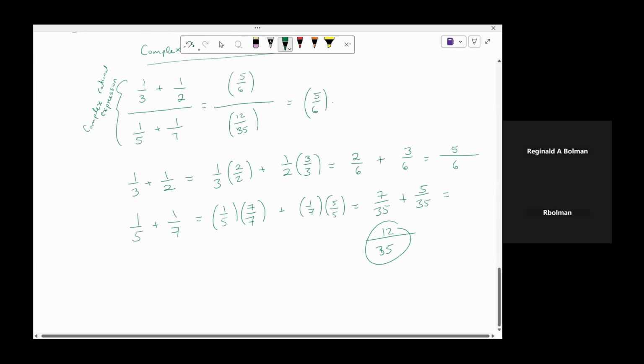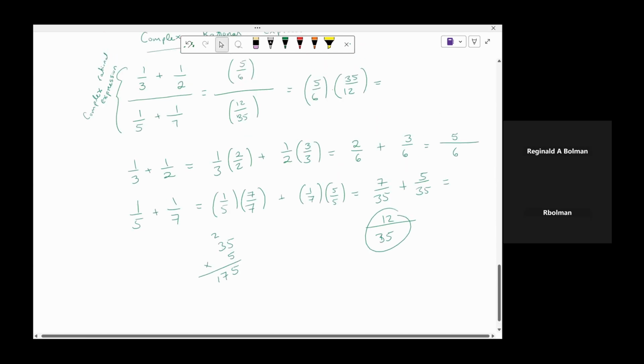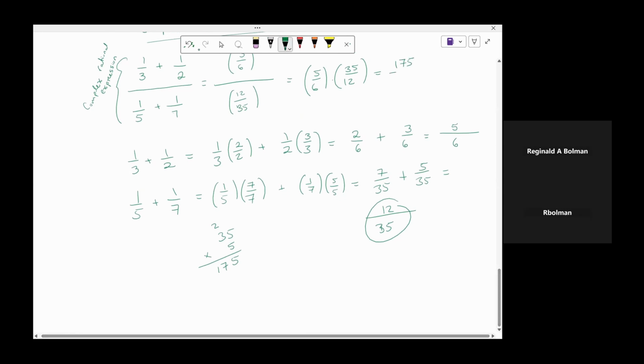And whenever you're dividing a fraction with a fraction, you just flip and multiply your fractions together. So you'd have 5 times 35 and 6 times 12. Don't be afraid of doing the multiplication algorithm. 5 times 5 is 25. Here are your 2. 5 times 3 is 15. Plus 2 gives you 17. So we get 175 in our numerator.